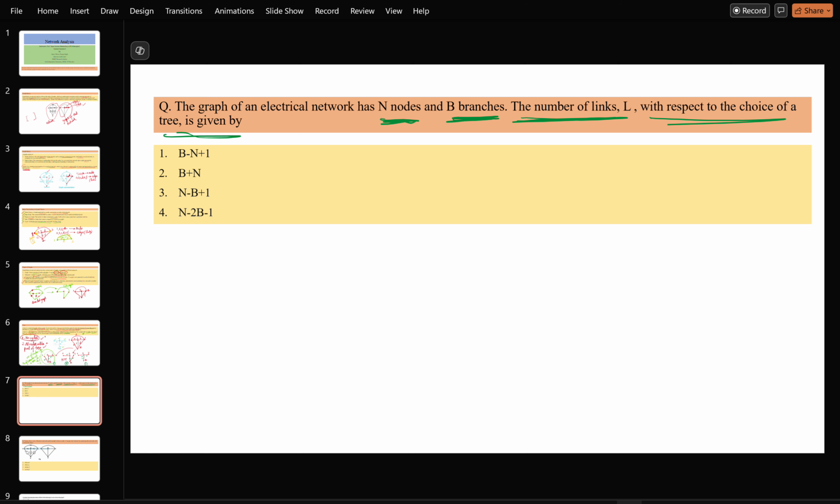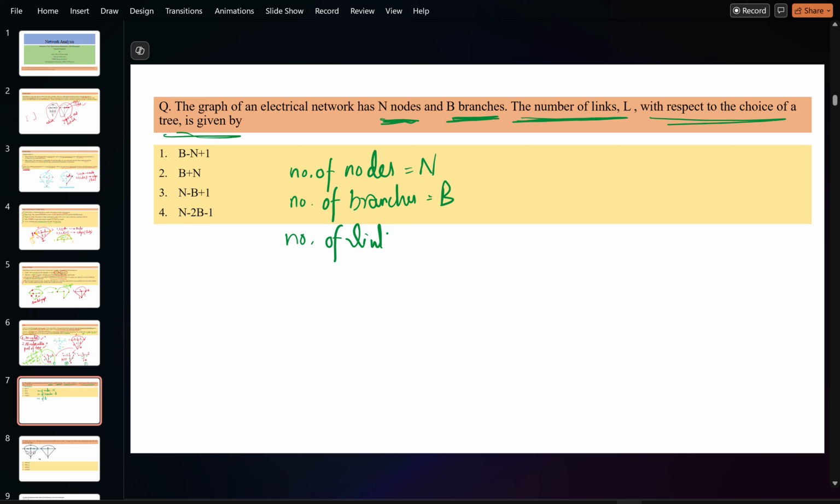So this is the graph. Suppose there is a graph where the number of nodes is n and the number of branches is b. You have to find out the number of links. Take an example.